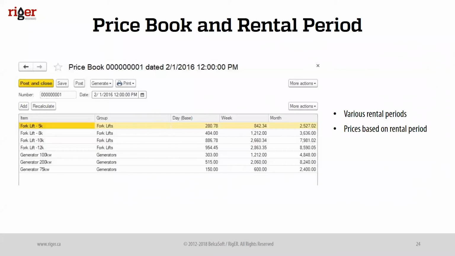If you charge your client on a weekly basis or month by month, it can be different prices, reduced by some percentage. So the price book determines these bases, how much you will be charging your client based on the different rental periods.